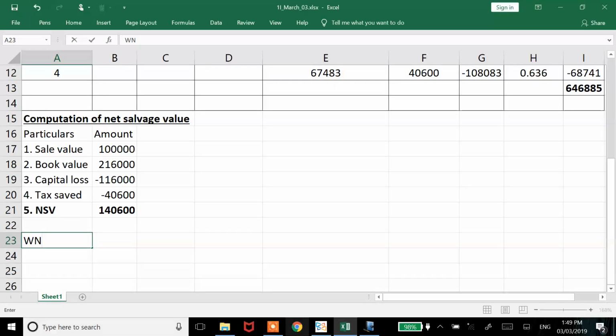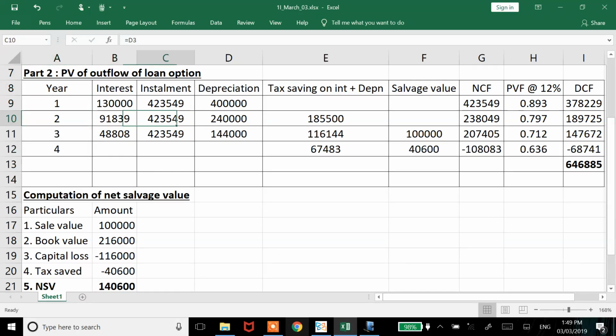Working note 2, evaluation of lease option. Any doubts on loan option? Loan is 646,885. 423 of year 1, 238 of year 2, 207 of year 3 and negative 108 for year 4.